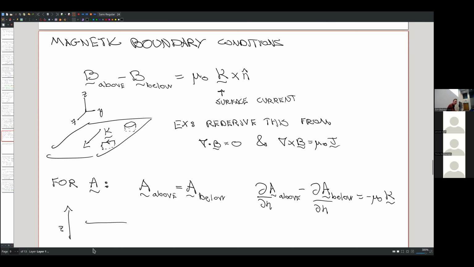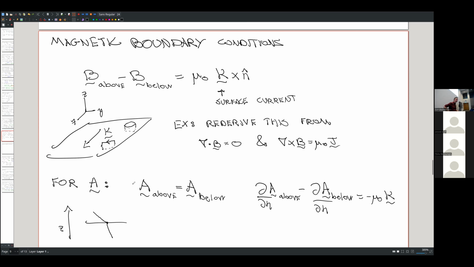So here's my surface, and the vector potential takes a certain value, which, as I cross the surface, maybe takes a value like this, but then it starts off at a different slope. So the value itself is continuous, but the slope has a jump.